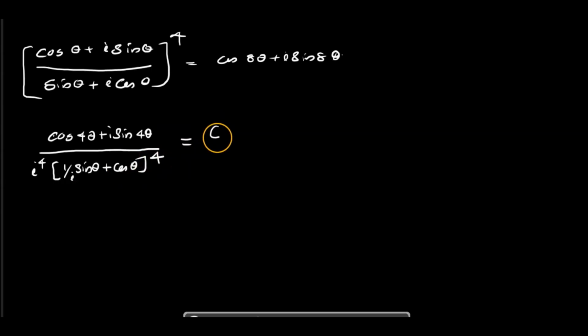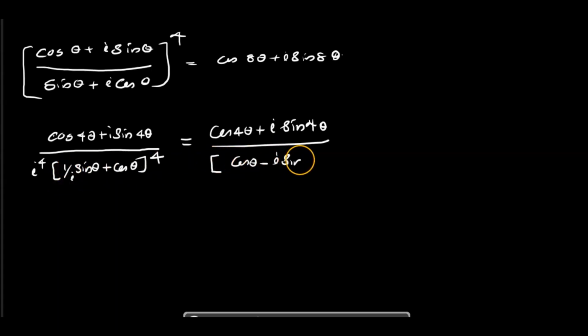Now this is equal to cos 4 theta plus i sin 4 theta divided by i raised to 4, which is 1, and 1 by i is minus i. So this is cos theta minus i sin theta all power 4.